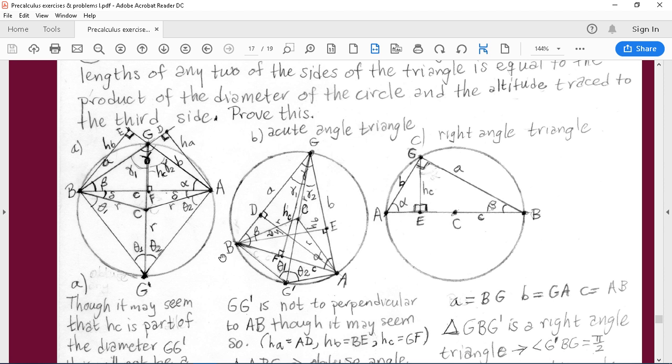Gamma 1 is angle BGG prime, and gamma 2 is angle G prime GA.